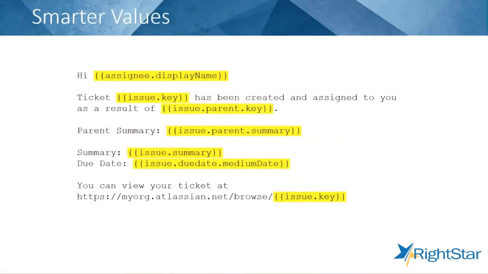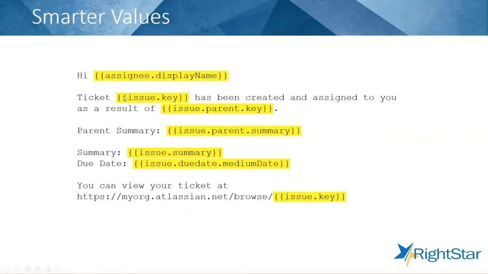What I call even smarter values than the smart values, just to show you some of the more complex things that we can do here. This is the same as what we saw before. In this case, we're going to the assignee and their display name. We saw issue.key, but here's one that's a little bit different: issue.parent.key. In this case, I'm going to use this as an email for subtasks.